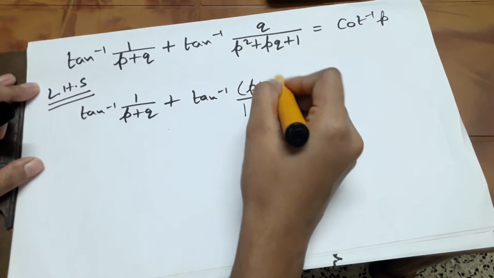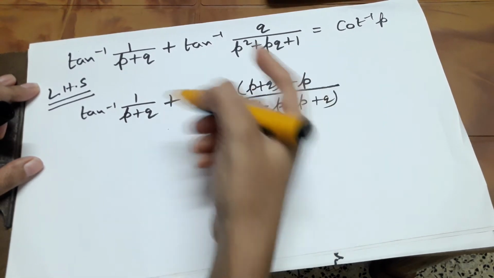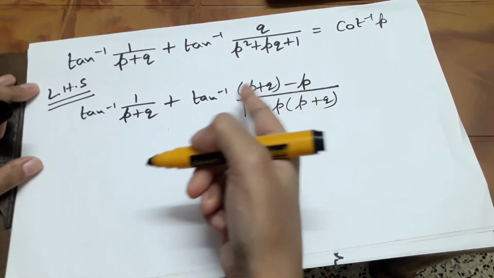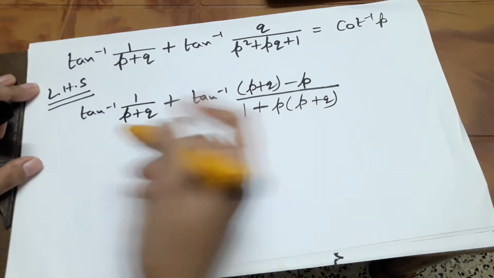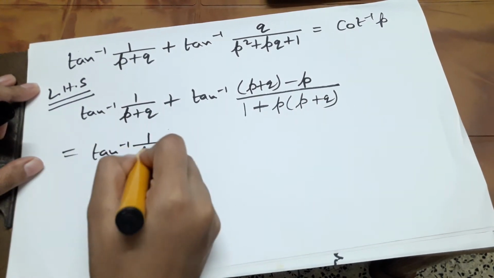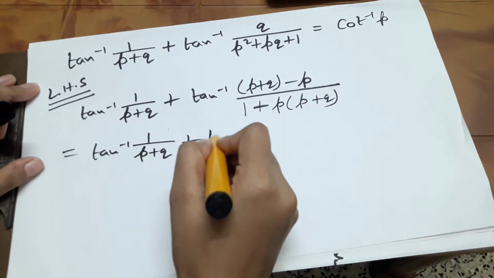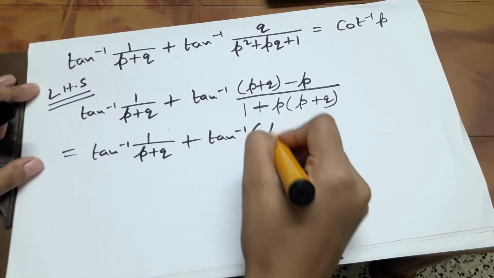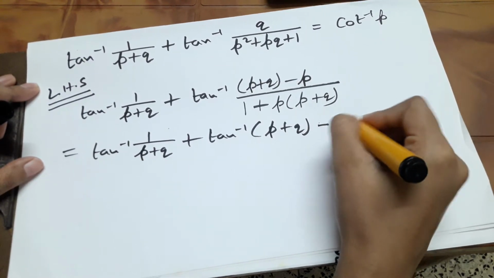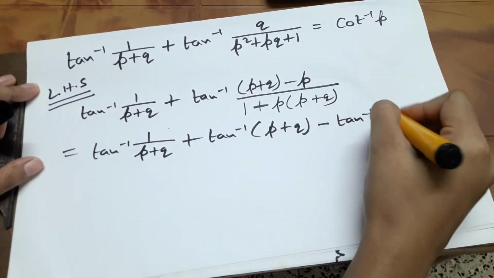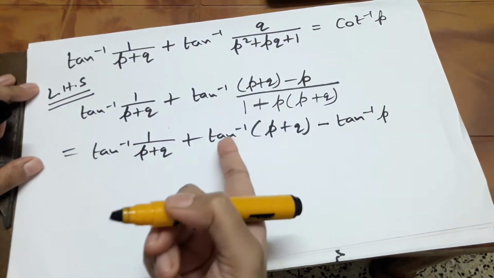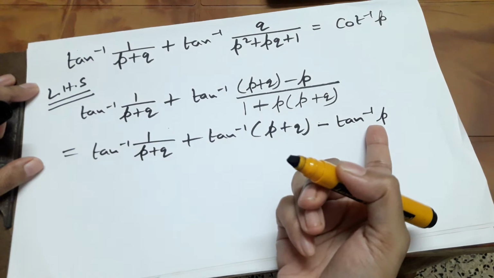If I write p plus q minus p, then see, q is coming here. That means tan inverse a minus b by 1 plus ab. So this one will be as it is, plus tan inverse p plus q, which means tan inverse a minus tan inverse b. So tan inverse p plus q minus tan inverse p, up to this one done.